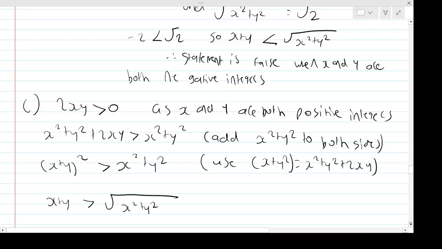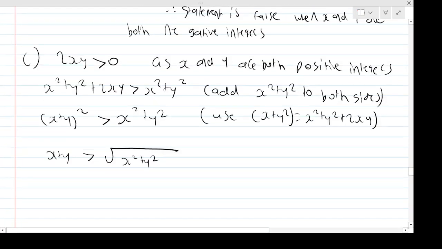Now, this is why the proof failed with negative integers, because if x and y were both negative, then x plus y would be negative as well. If we were to square root a negative, you can't do that, right? Which is why the proof failed last time.